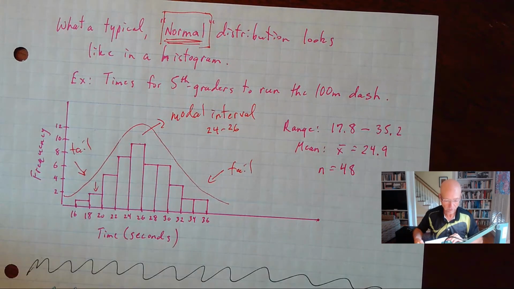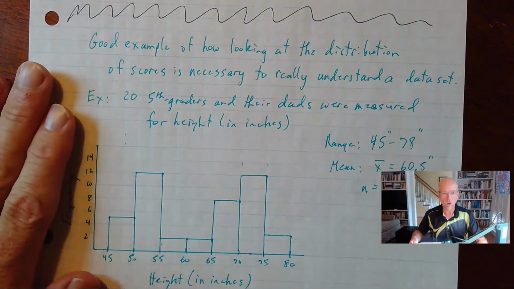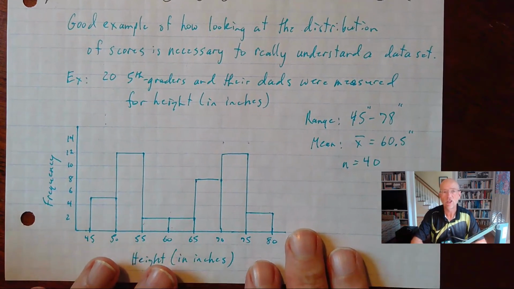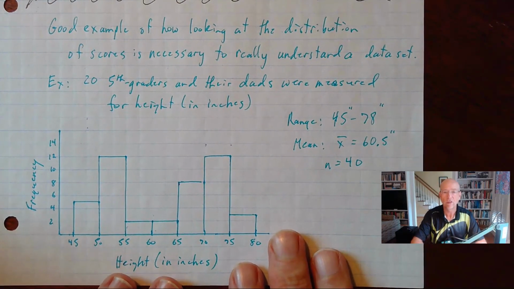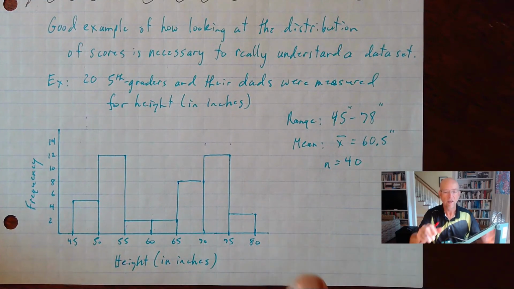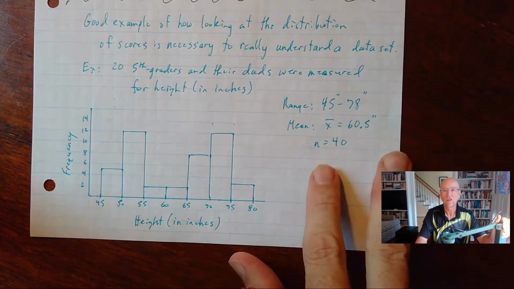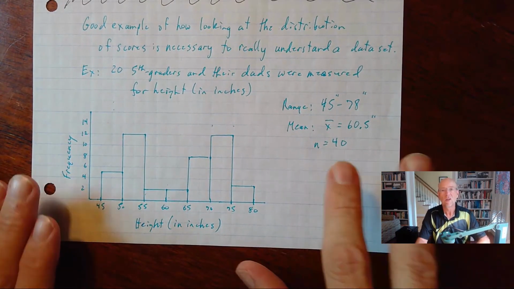All right, let's look at one more example in which we're trying to appreciate the value of looking at distributions. I'm going to change my scale here a little bit. There we go. Now we can see everything.